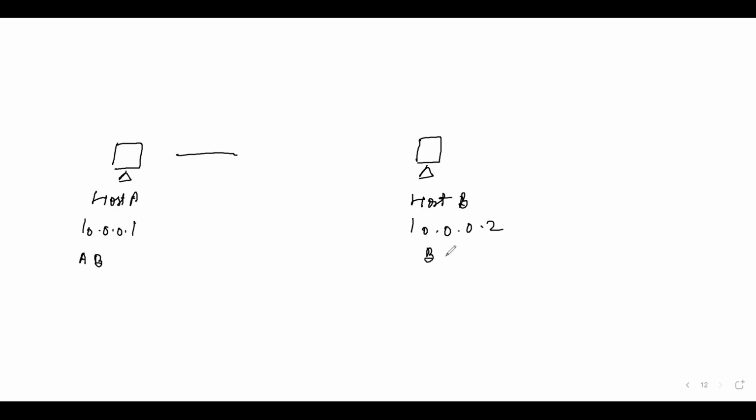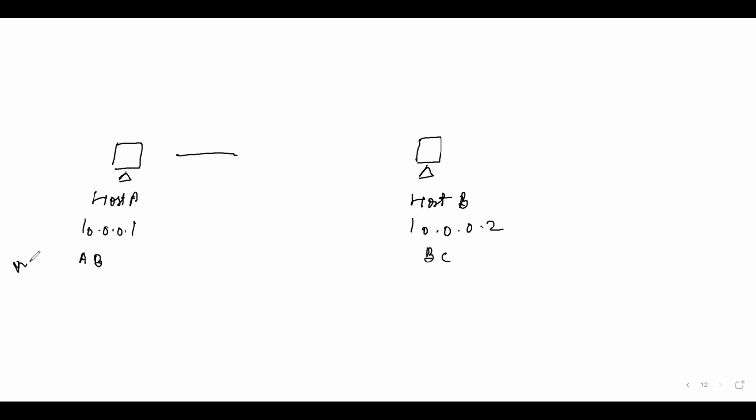Basically, you have two devices. This I am calling host A, and this I am calling host B. Same topology I am using. This is the IP address of this device, 10.0.0.1. You can take any IP address. And this is the IP address of this device. This is the MAC address AB, and this is PC.